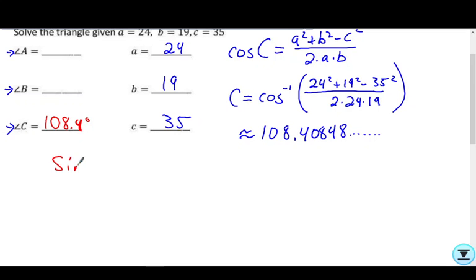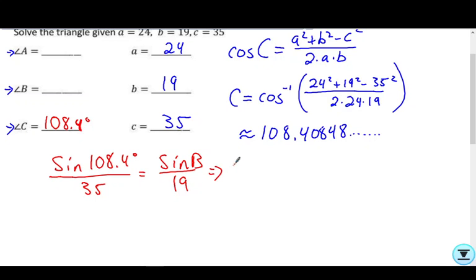So we set up our law of sines now using this ratio that I just found: sine of 108.4 over 35 equals the sine of angle B over 19.